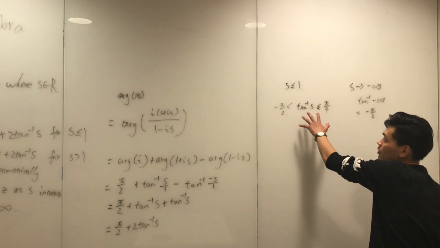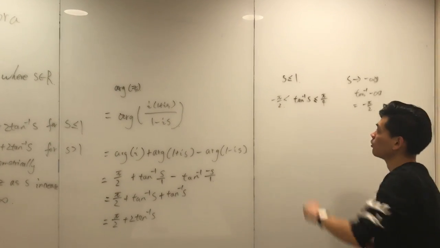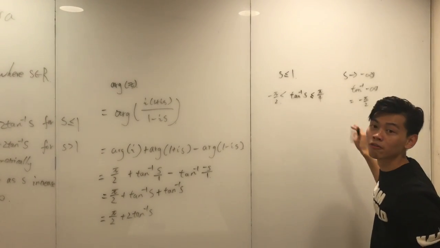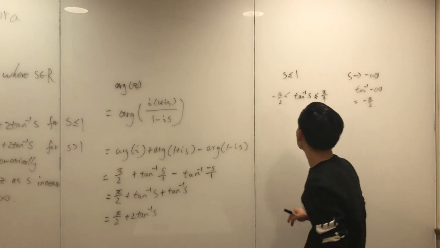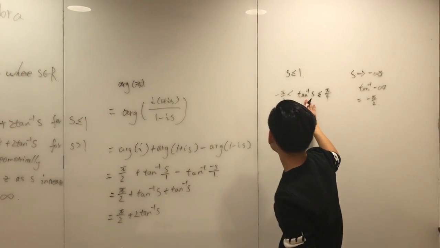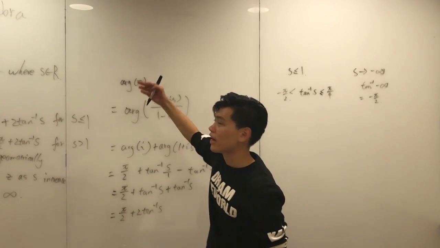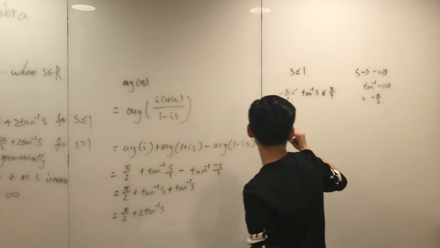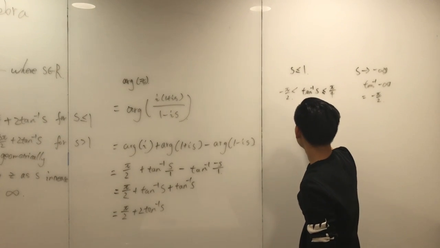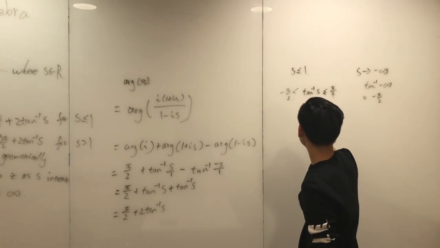So the range of inverse tan s when s is smaller than 1 will be between negative pi/2 and pi/4. Now we're just going to put this inverse tan s into the function and go back to arg z. So I get 2 inverse tan s.